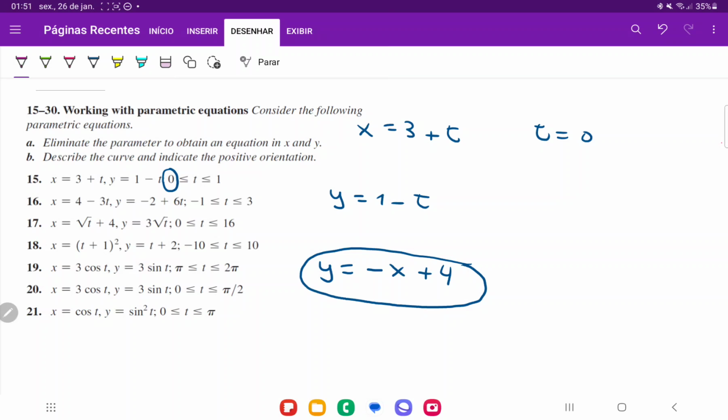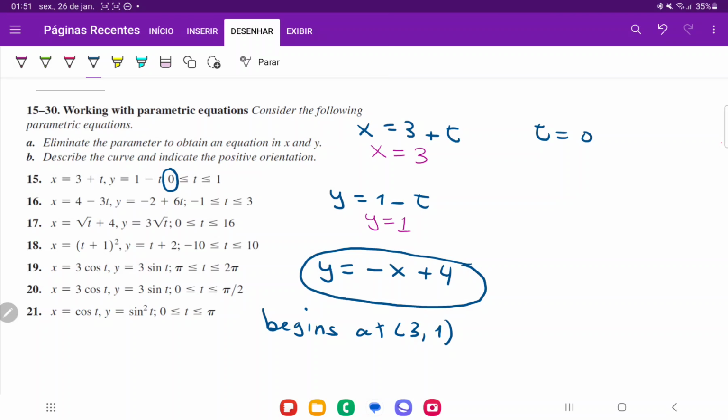So if t is equal to 0, it means that x is going to be equal to 3 plus 0, so it's 3. And y is going to be equal to 1 minus 0, so y is equal to 1. So what we can say here is it begins at t is equal to 0, and when t is equal to 0, it begins at the point (3, 1).